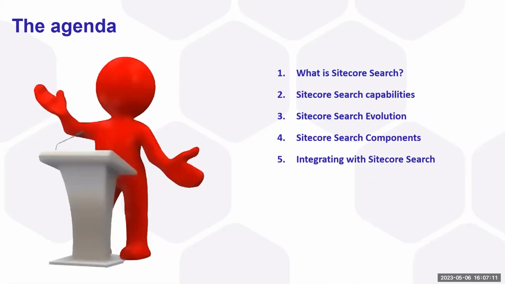Then we'll discuss how Sitecore Search can be integrated into your applications and the ways we have for that integration. After this, we'll see Sitecore Search core functionality and flow, followed by some of the key features of Sitecore Search like content catalog, widgets, recipes, search experiences, analytics, optimizations, indexing, and security.